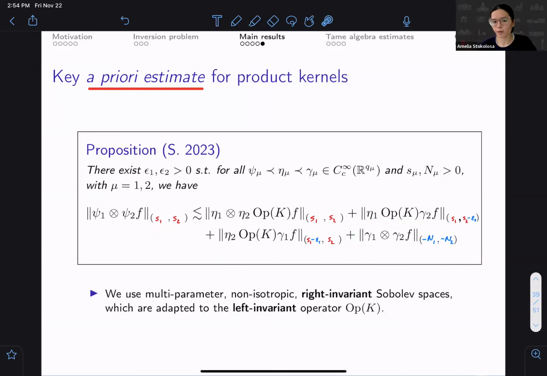And this is the key a priori estimate that allows you to circumvent the problem of the Fourier transform and obtain the regularity properties of your inverse operator. And just to reiterate, we use multi-parameter, non-isotropic, right invariant Sobolev spaces, which are well adapted to our left invariant operator.